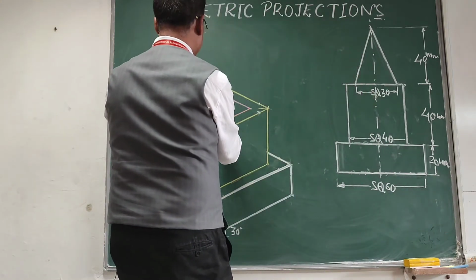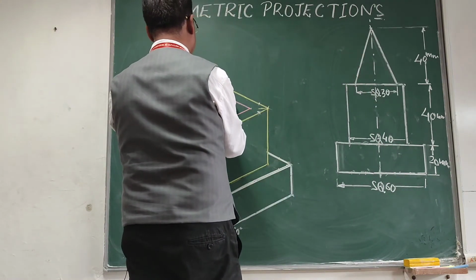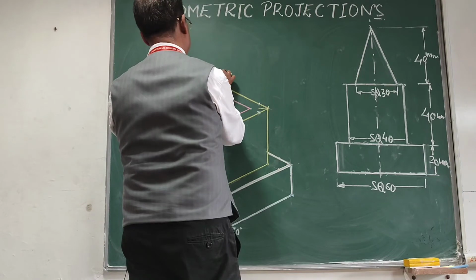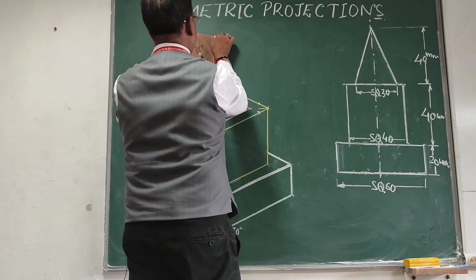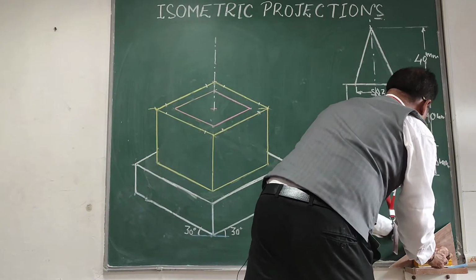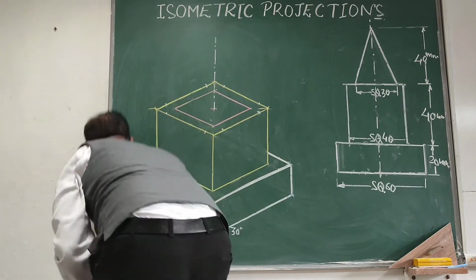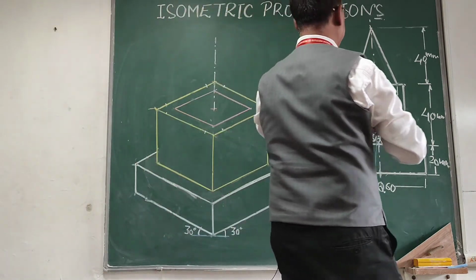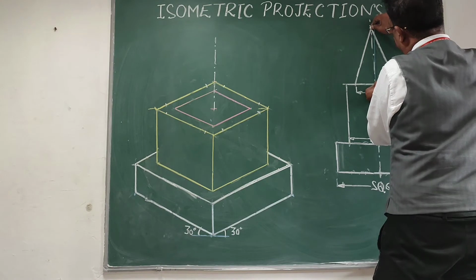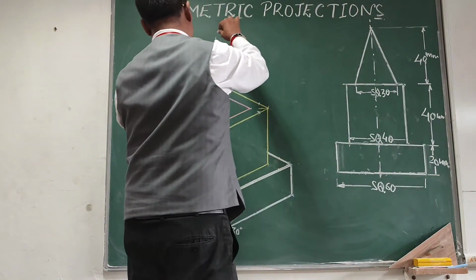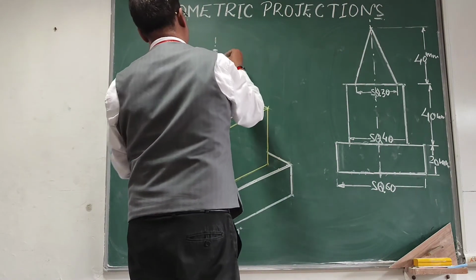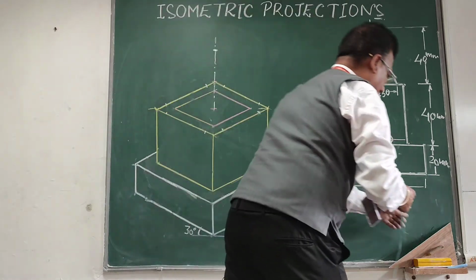From this center I can go upside, how much? 40 mm. If I go upside 40 mm, I can get the apex of my pyramid, and this is the height 40 mm. I can pick it from this figure. So go upside 40 mm, that will be the apex.